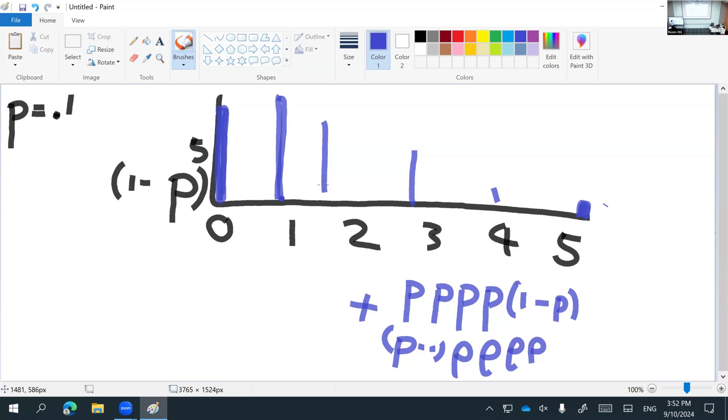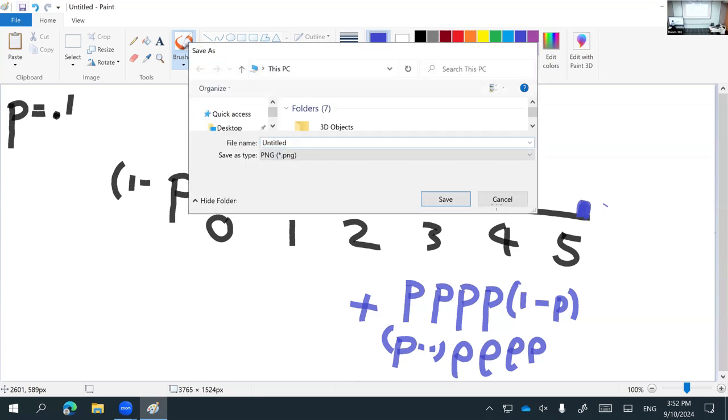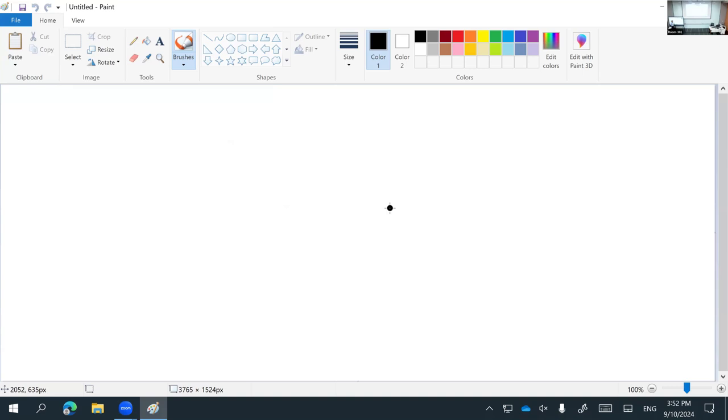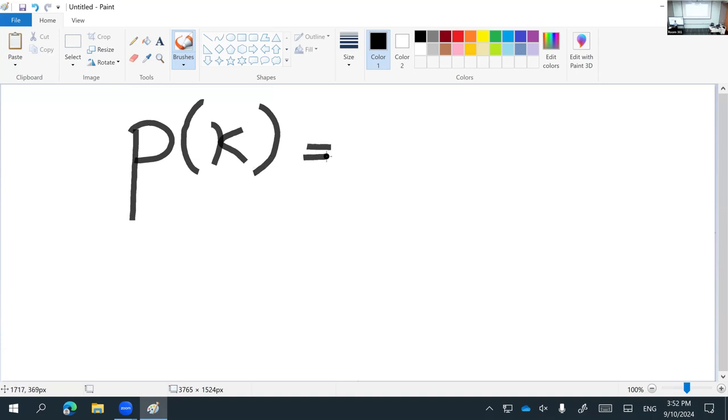So anyway, the point is, the end story is, probability, now I'm going to write it as a function of x, is equal to p to the x.